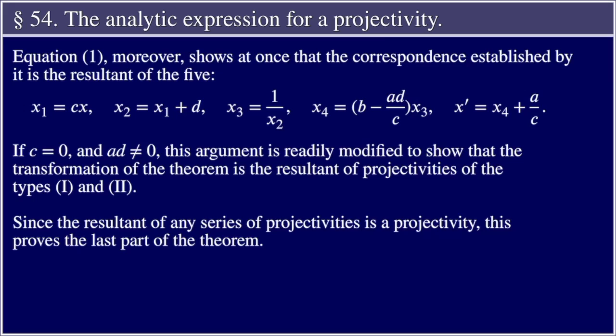If c is equal to 0 and ad not equal to 0, this argument is readily modified to show that the transformation of the theorem is the resultant of projectivities of the types 1 and 2. Since the resultant of any series of projectivities is a projectivity, this proves the last part of the theorem.